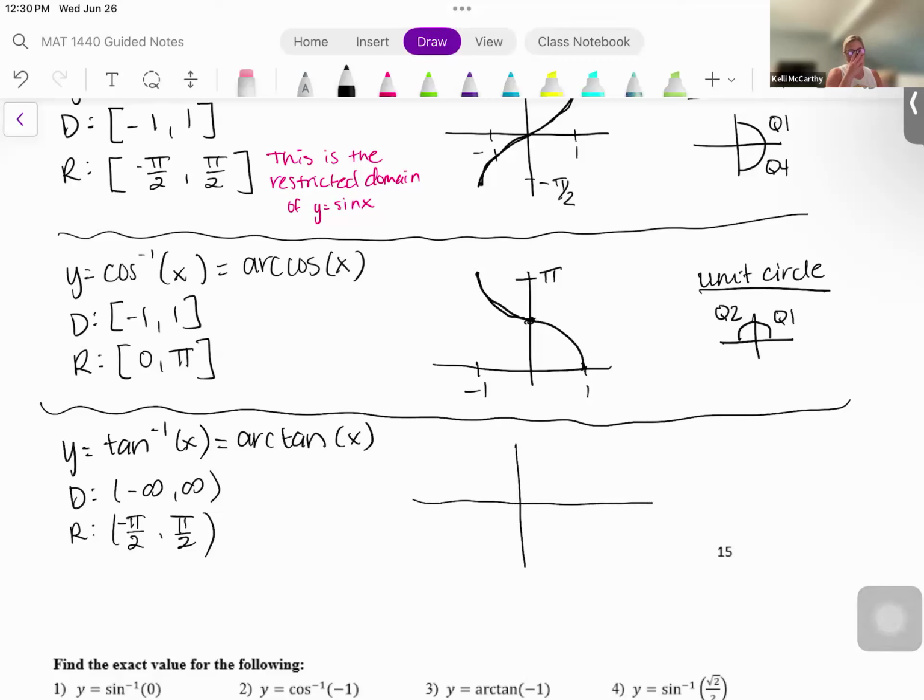Now, if we think about the graph of tangent x, we had vertical asymptotes at negative pi over 2 and pi over 2. Now we're going to have horizontal asymptotes at y equals pi over 2 and y equals negative pi over 2, which is why those two endpoints in the range are not included, because now they've become horizontal asymptotes.